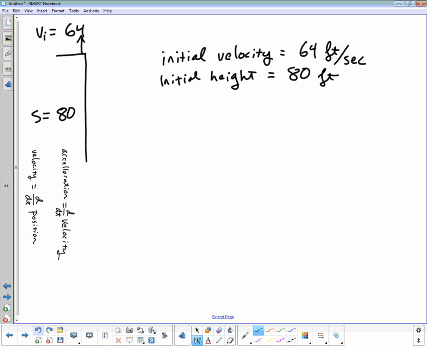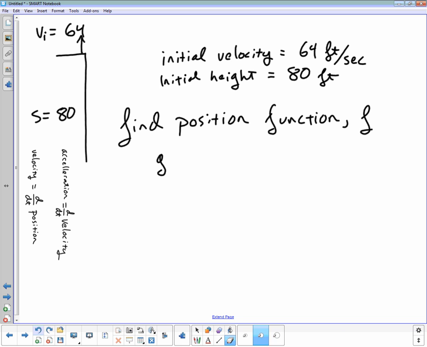Now, the question is specifically asking, we are looking for the position function, giving the height as a function of time.